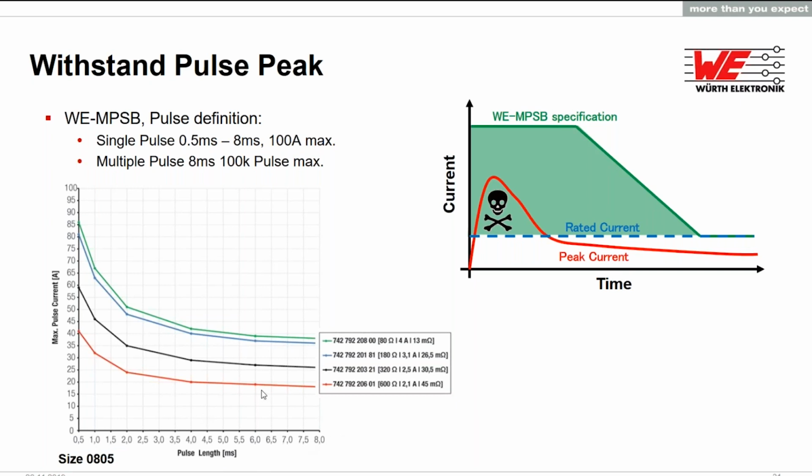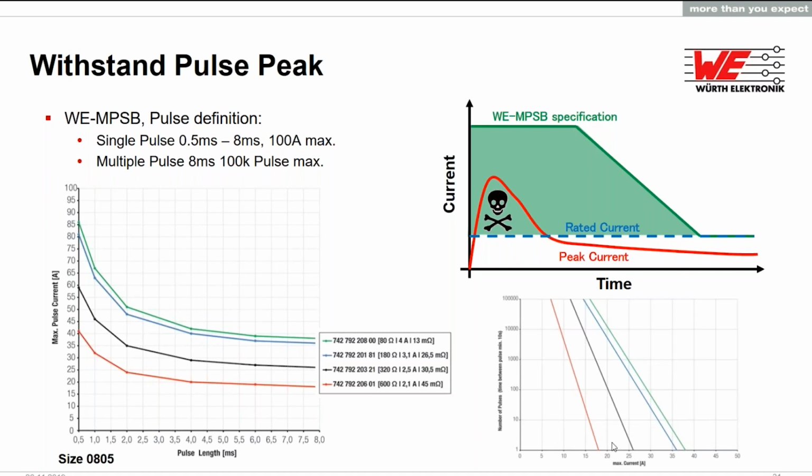And as you can see, depending on the part, let's just take, for example, this black one. At 8 milliseconds, it's still able to put in 25 amps. When you have even lower, then it can withstand a much higher current. We also test the number of pulses, so 10 pulses per 8 milliseconds.